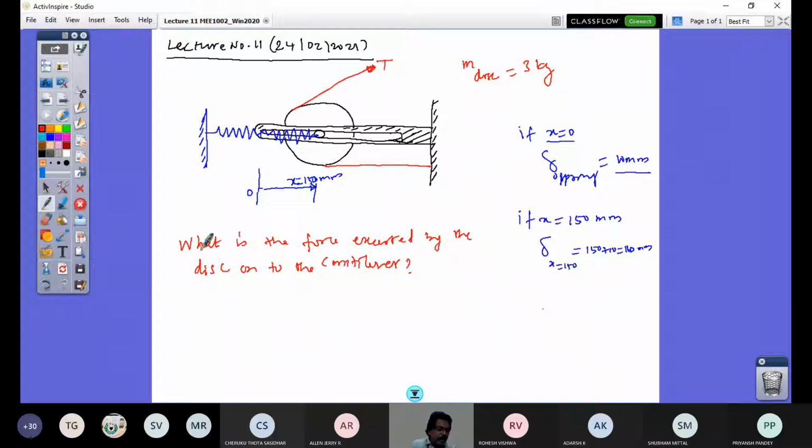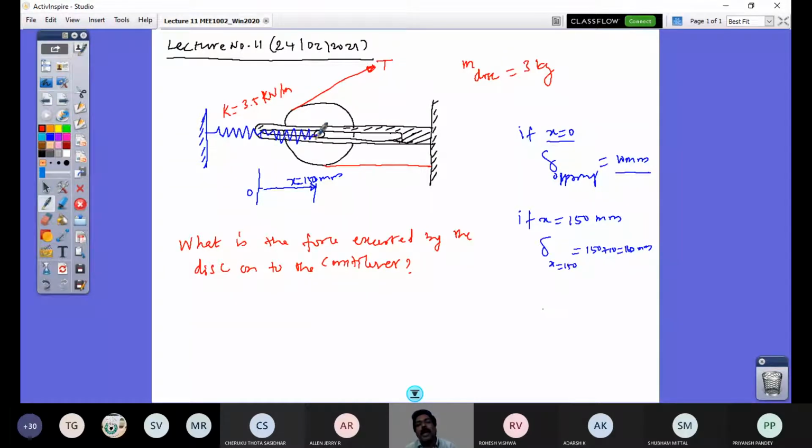And you are given the rate of the spring, that is the spring constant K, called the spring stiffness, which is equal to 3.5 kilonewton per meter. It is a high stiffness spring. This spring stiffness is what offers the spring force whenever there is a deformation.